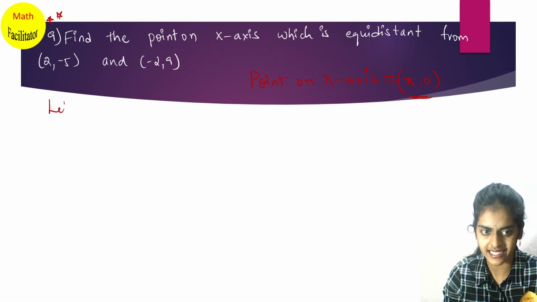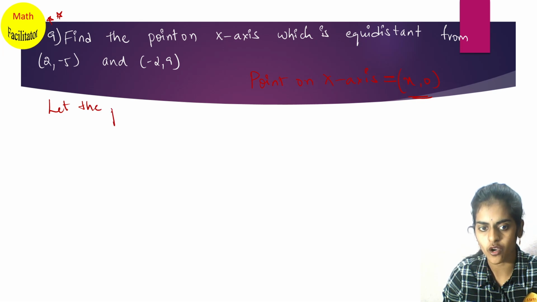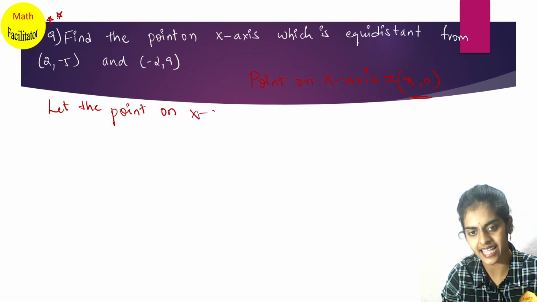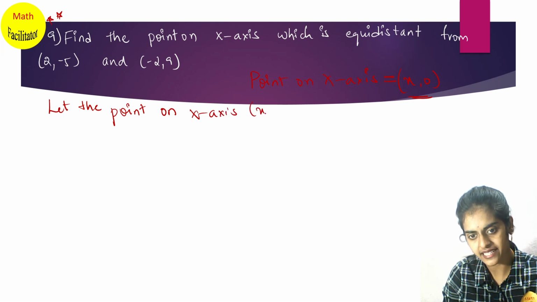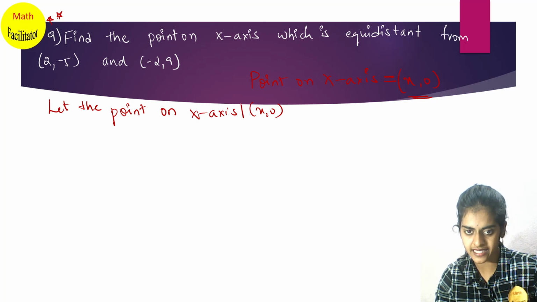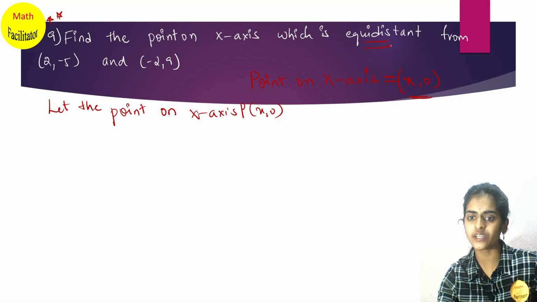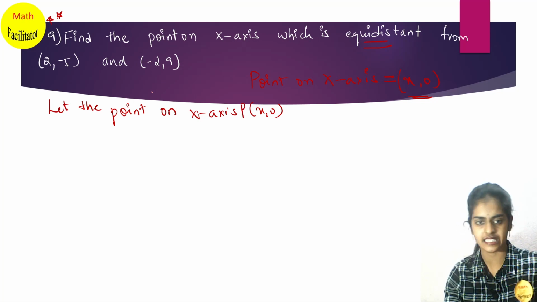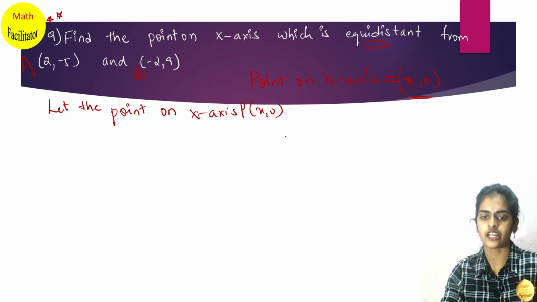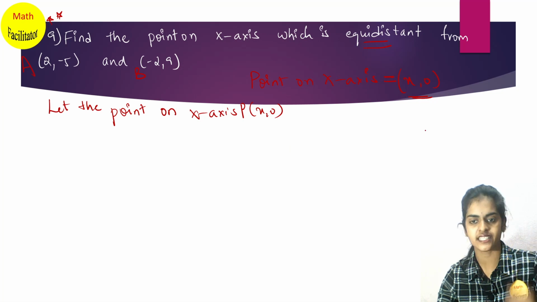So let the point we need on x-axis be of the form (x, 0). I'm taking this point as P, and this point is equidistant from these 2 points. Let this point be A and let this point be B. Now this point P is equidistant from these 2 points.